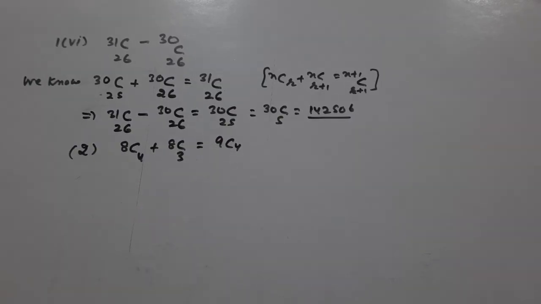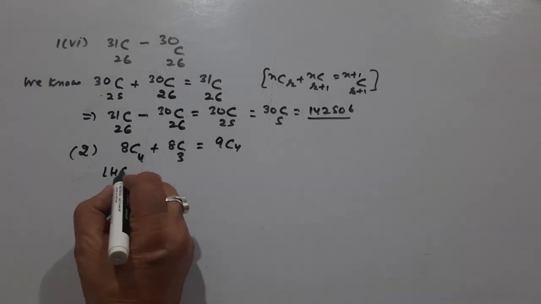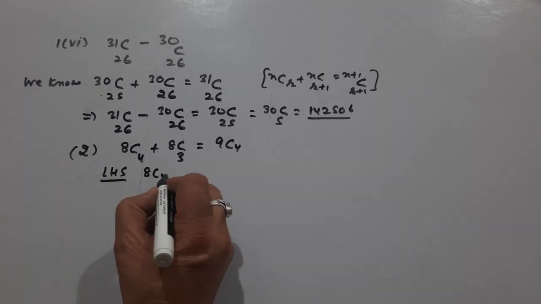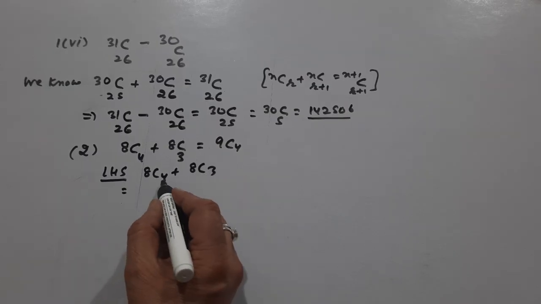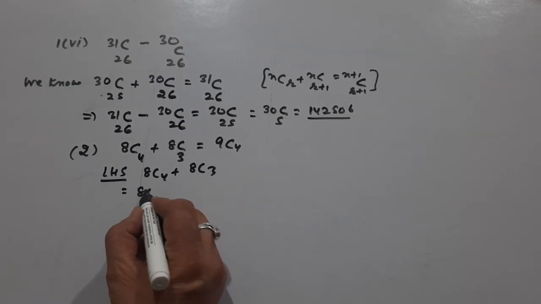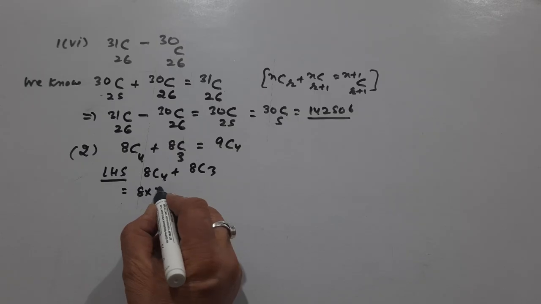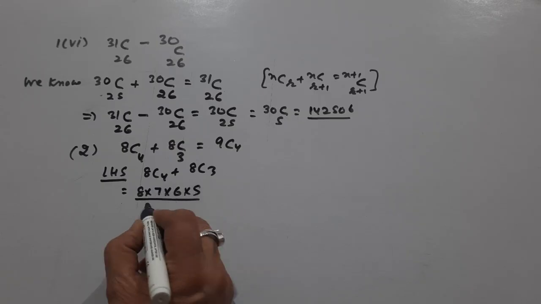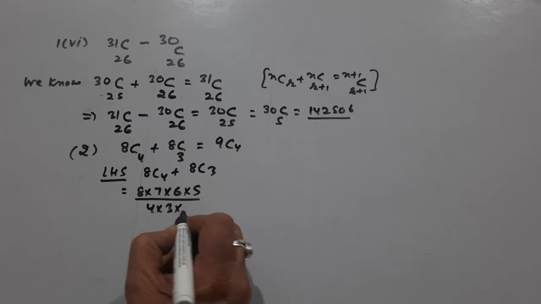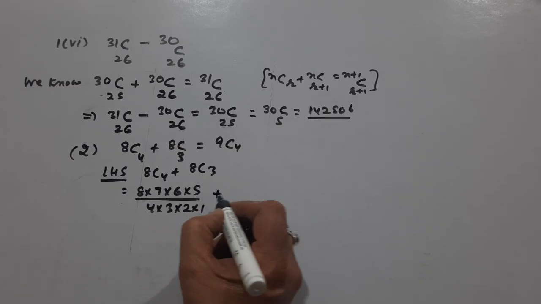Now students, either we can use the property, or first we can take the left side, 8C4 plus 8C3. Here we have 4, so we write 4 terms: 8, 7, 6 and 5 upon 4, 3, 2 into 1.